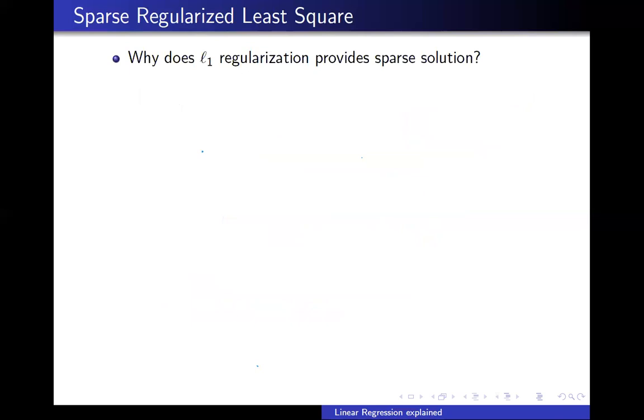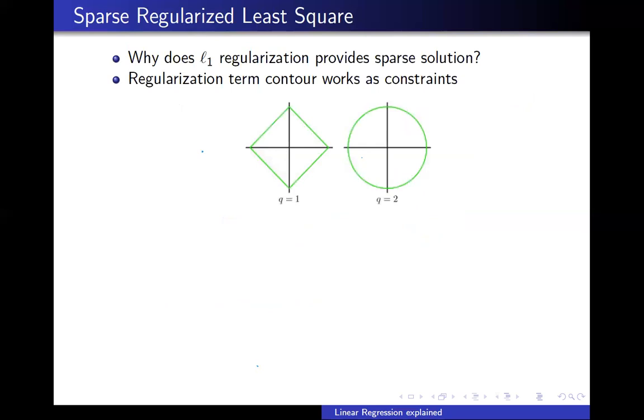Why it provides a sparse solution is an interesting question, and we can try to explain that with a figure. The regularization terms' contours define different constraints. Let me explain what these two pictures depict.